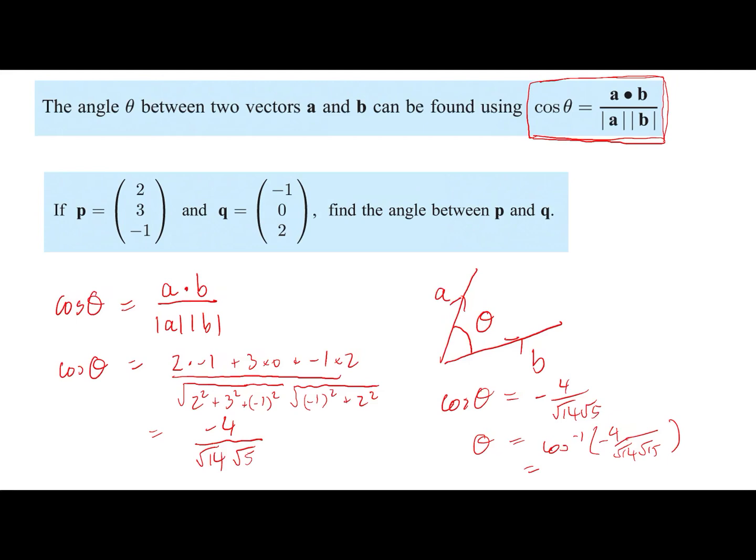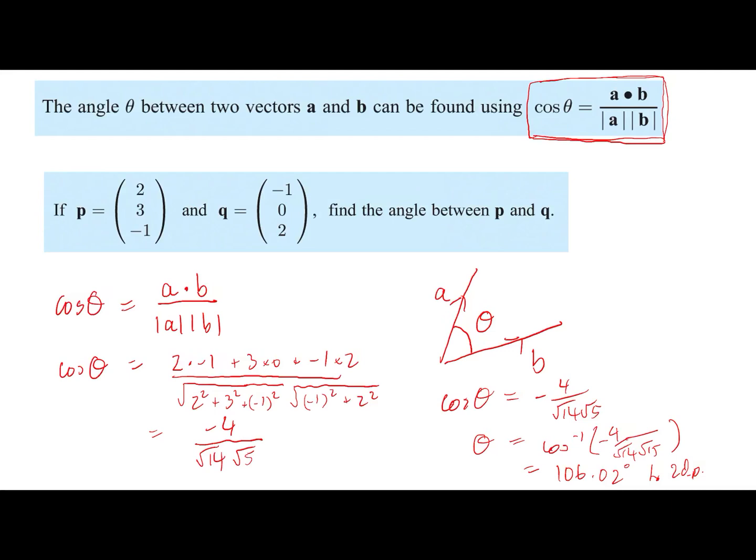Okay, and that is equal to minus 0.276, and so on. So I'm going to do shift inverse cosine of the answer. And the answer is 106.02 degrees to 2 decimal places.